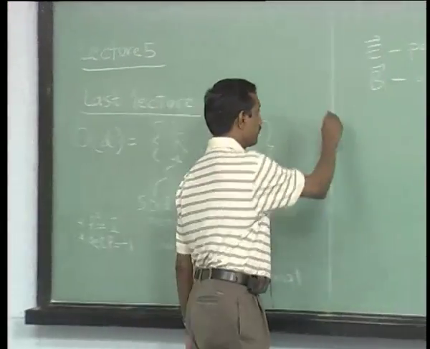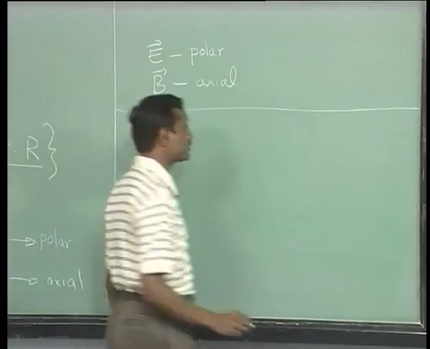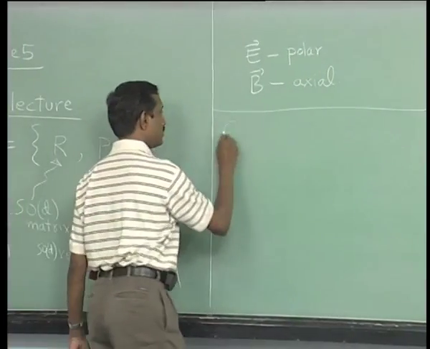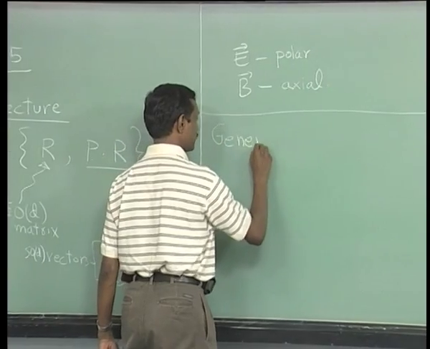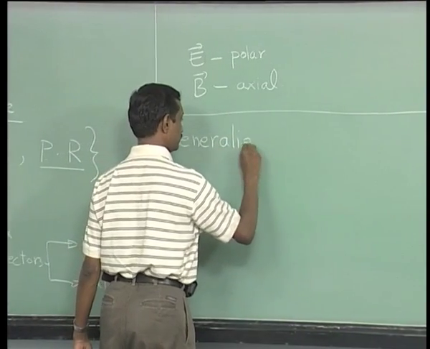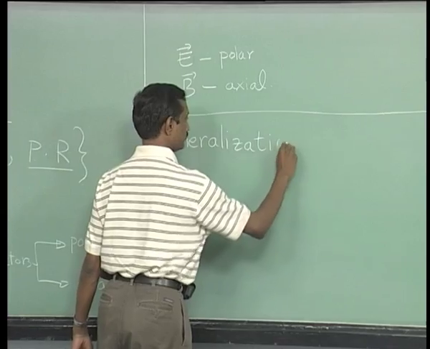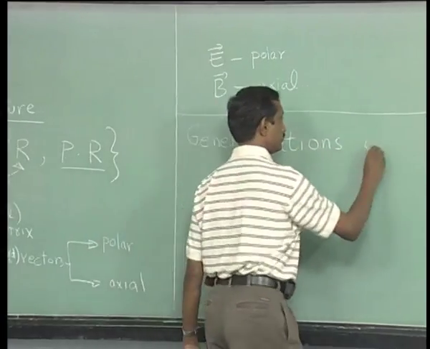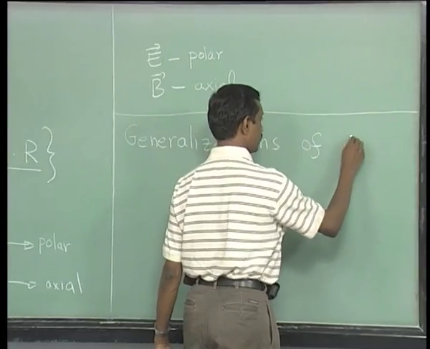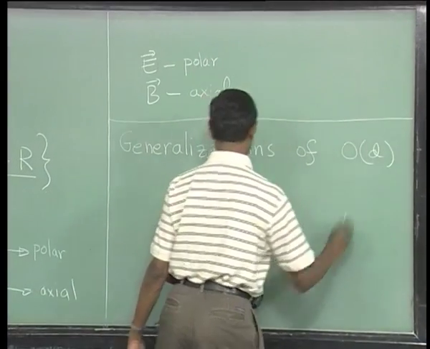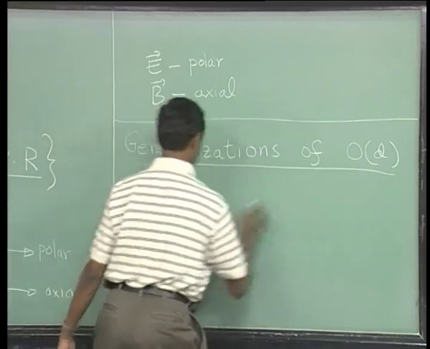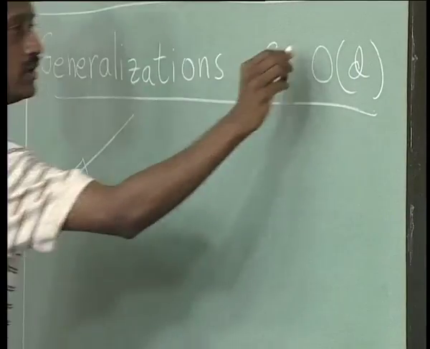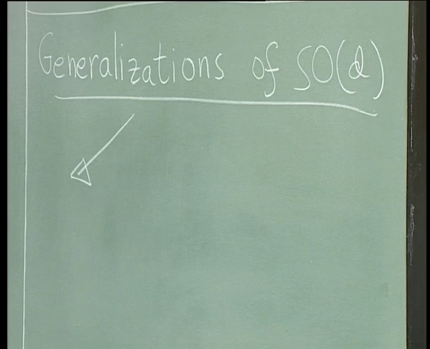So you will have to specify various things such as what I have given out here. Now what we will do in the rest of this lecture is to look at 2 kinds of generalizations of OD or SOD, as the case may be.